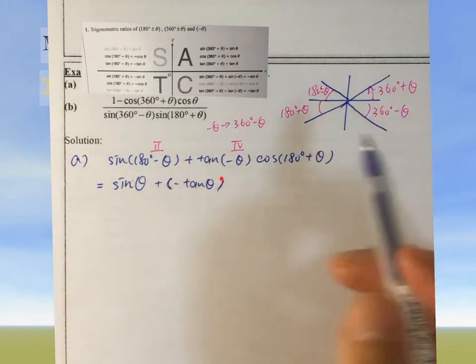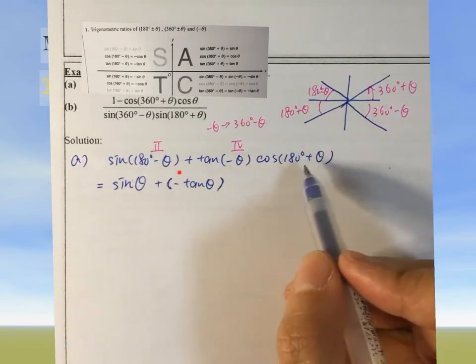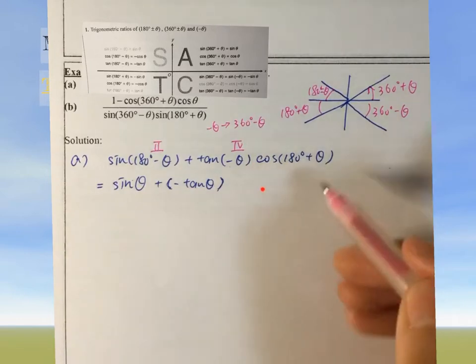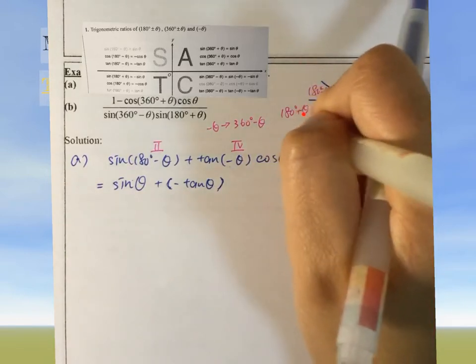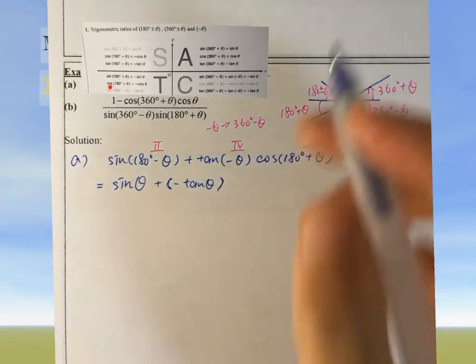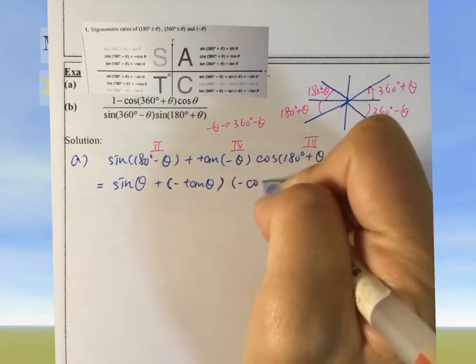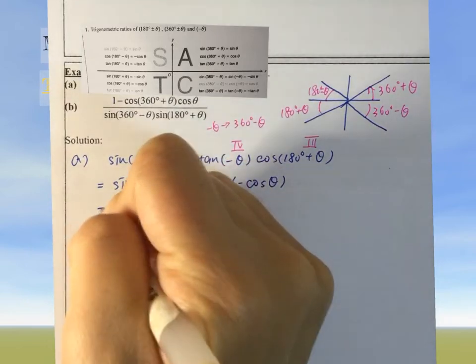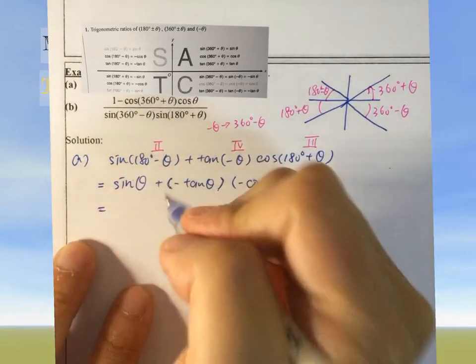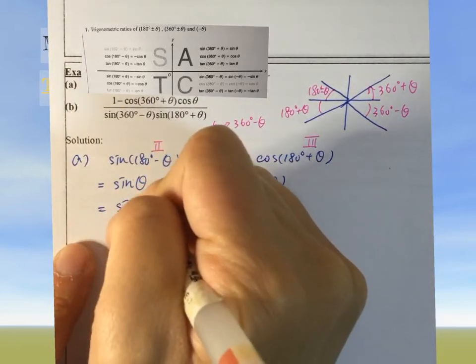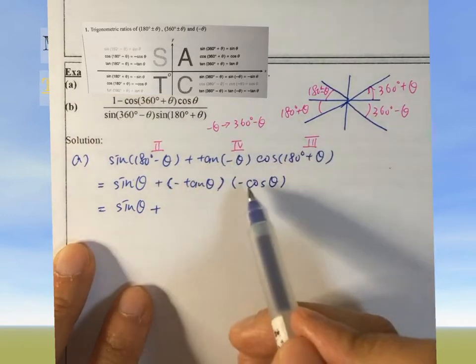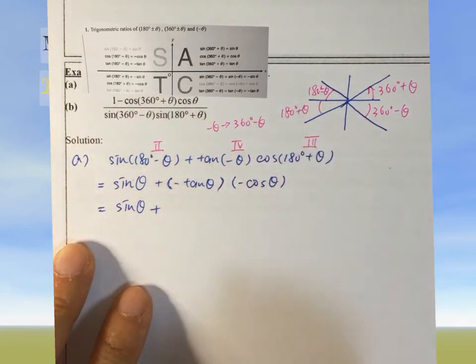So remember to put the bracket because it represents a value going to multiply with the other one. So this is quadrant 3 here. And you can find out it is negative cosine theta. So don't forget that we have an identity to handle tangent, which is sine over cosine.